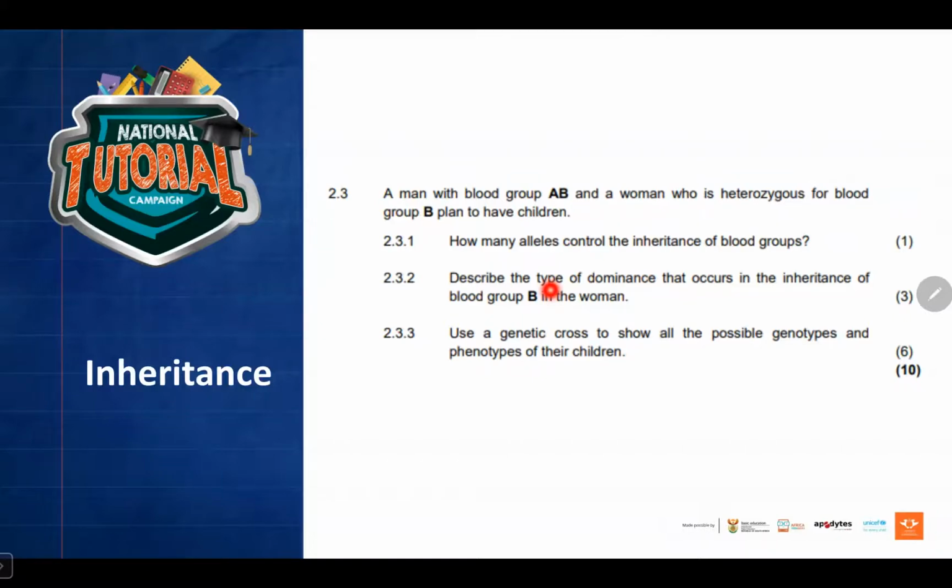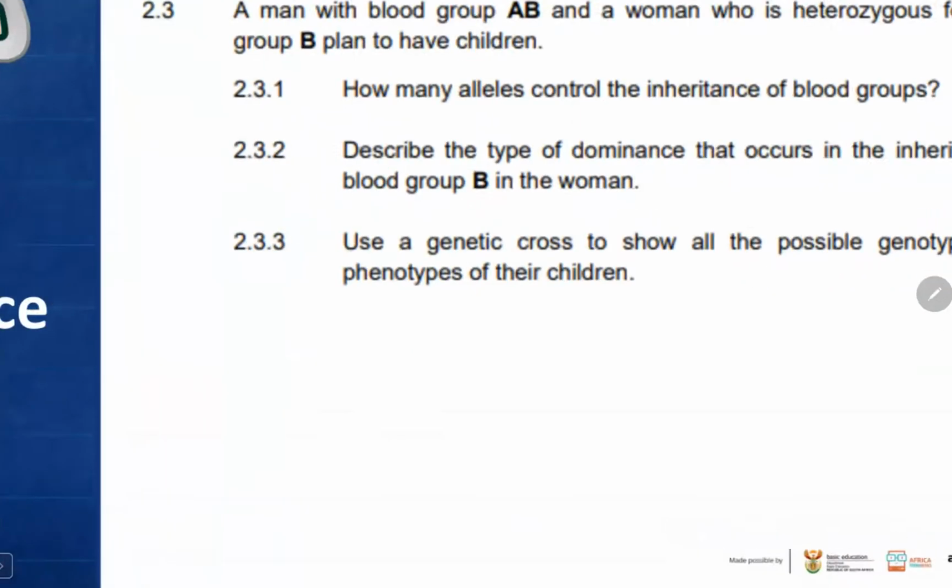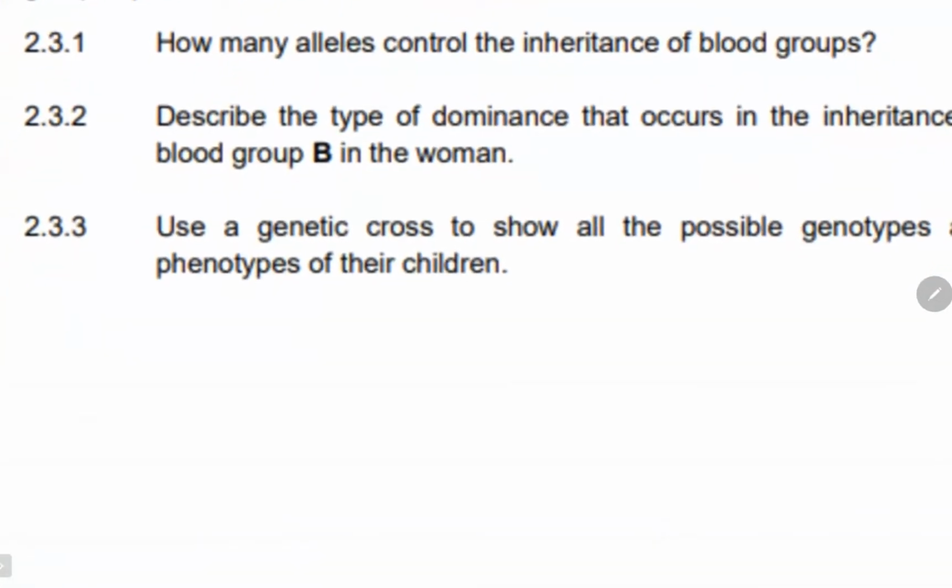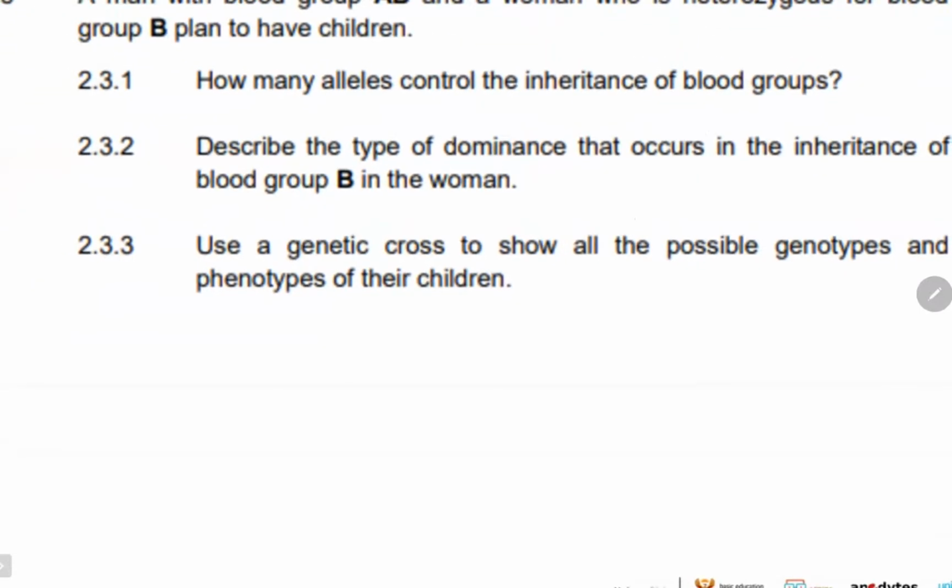Next one, they ask, describe the type of dominance that occurs in the inheritance of blood group B in the woman. The types of dominance that we have learned about are complete dominance or incomplete. What that means is, as I kept telling you with that mouse fur color, as soon as it has a capital letter, it only expresses the dominant allele.